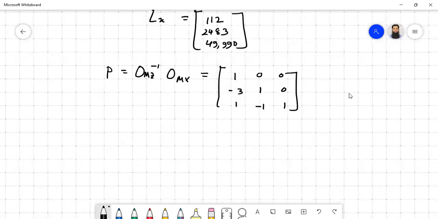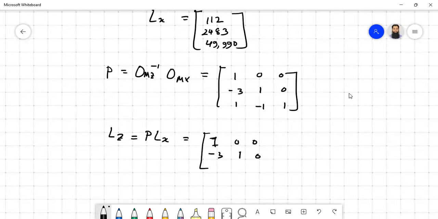So next is very simple. Your LZ is basically P times your LX. P is already figured out: 1, 0, 0, minus 3, 1, 0, 1, minus 1, 1.